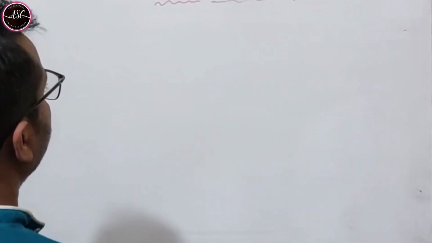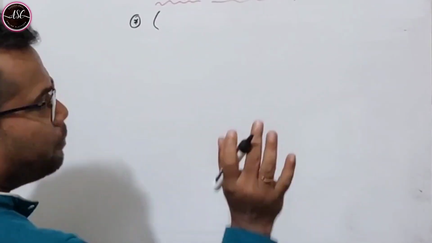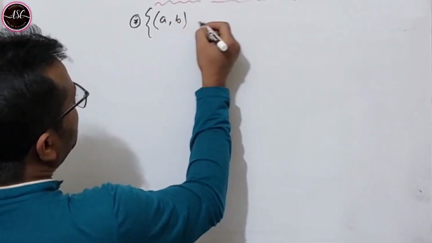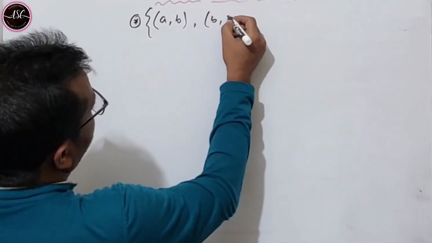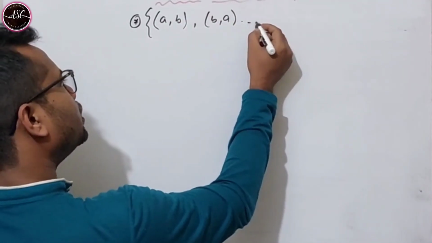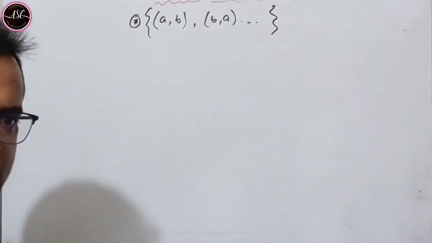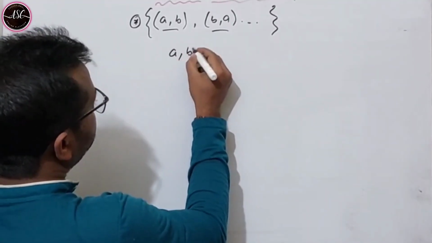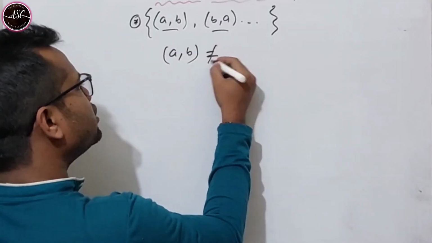Some points are to be noted. If a Cartesian product consists of (a, b) and (b, a), these two ordered pairs are not equal.